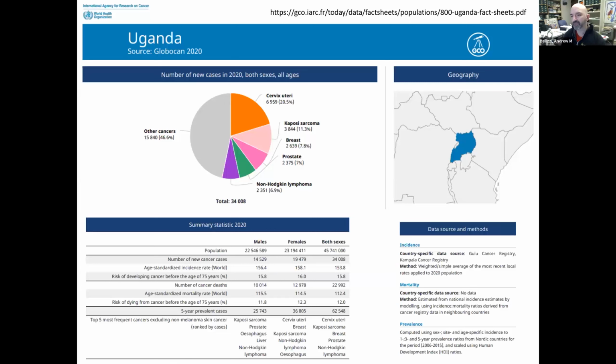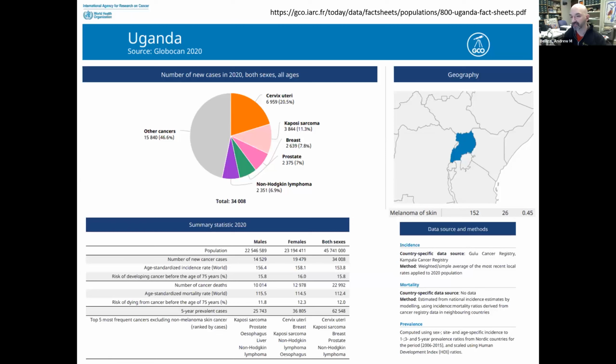And I was able to visualize that in Uganda, the single most common cancer is uterine cervical cancer. And actually the second most common cancer is Kaposi sarcoma. We encounter those diagnoses in the States, but they're much less common. Breast and prostate cancer, everywhere in the world, are incredibly common in women and men, respectively.